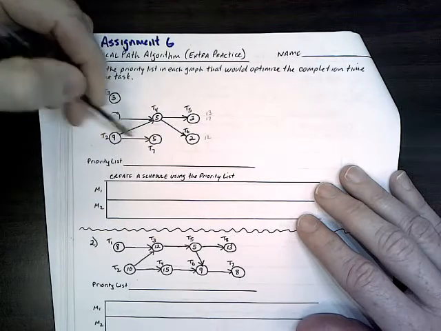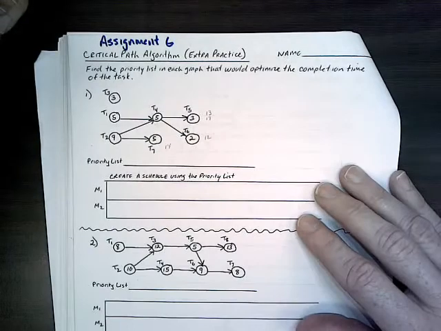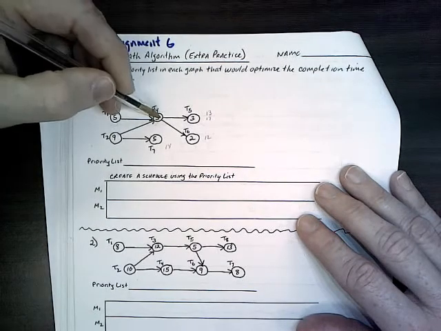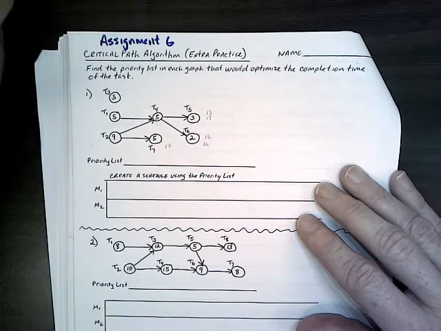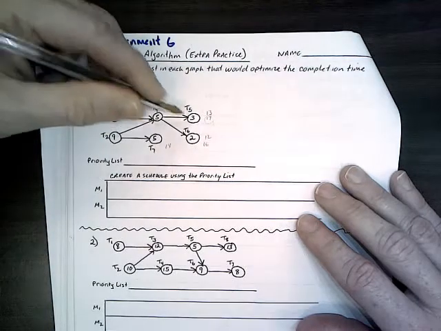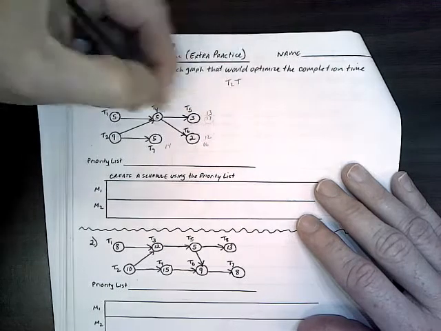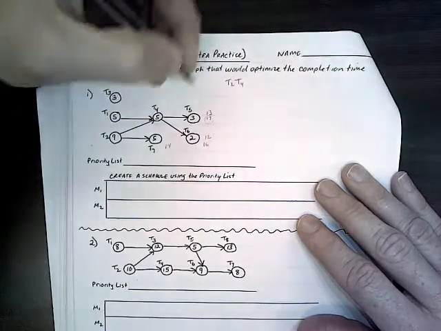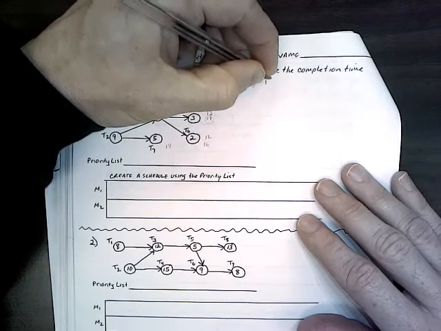And we have 9 plus 5, which is 14. And 9, 5, and 2 would be 16. The biggest one is the 17, which was 9, 5, and 3. So T2, T4, and T5 add up to 17.